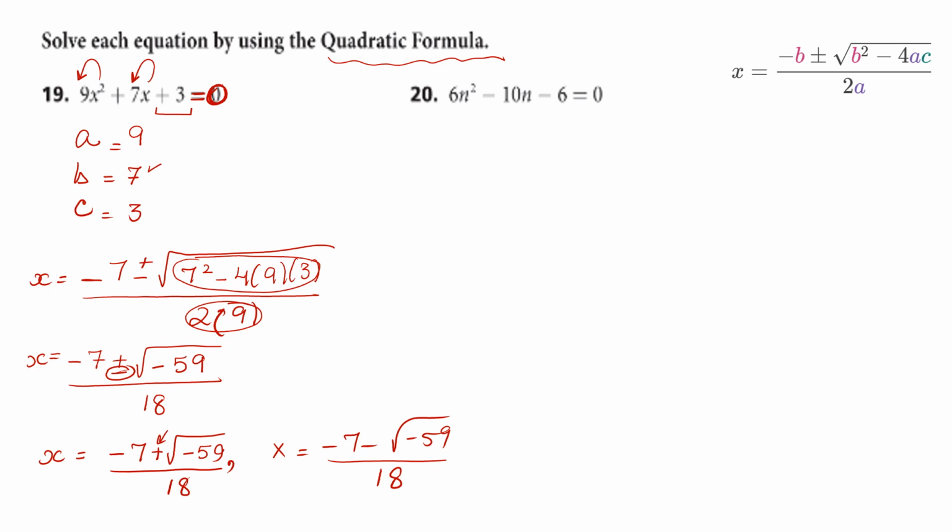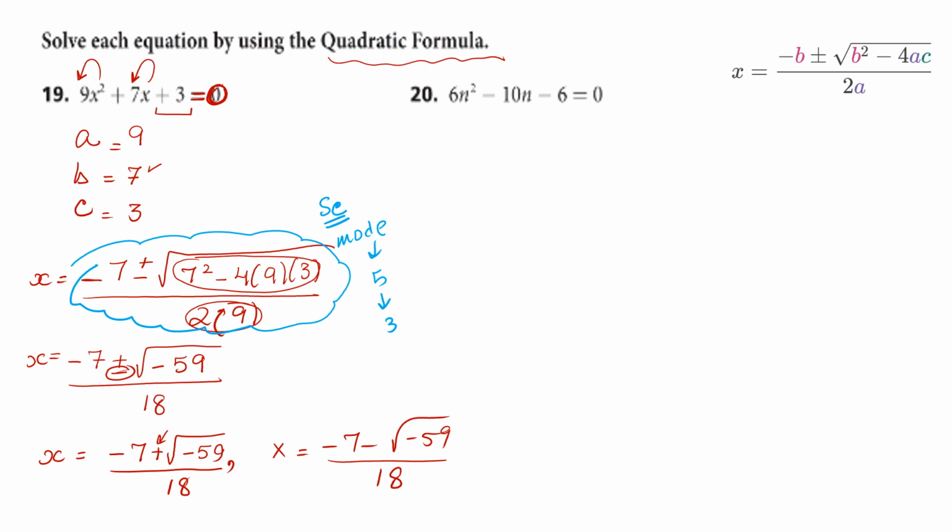Now, sometimes I suggest to the students that after writing this part, go to the scientific calculator, especially the FX991ES plus, and go to mode 53 in the calculator. Write down the A value, B value and C value.